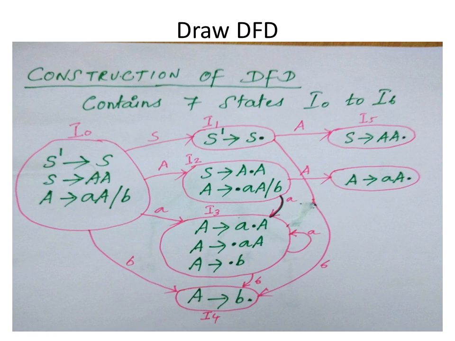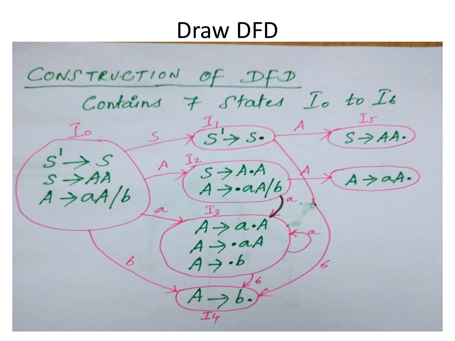And from I1 state, if you take capital A, which is a non-terminal, we need to reduce. So by taking capital A, the augmented production will become S implies capital A dot. So the dot is placed at the right hand side.